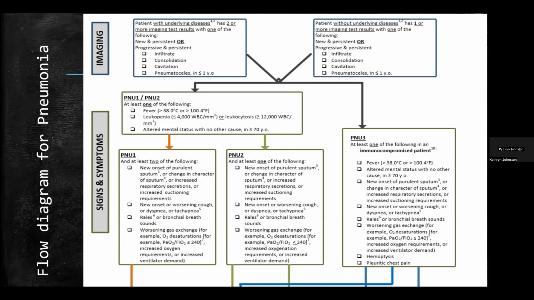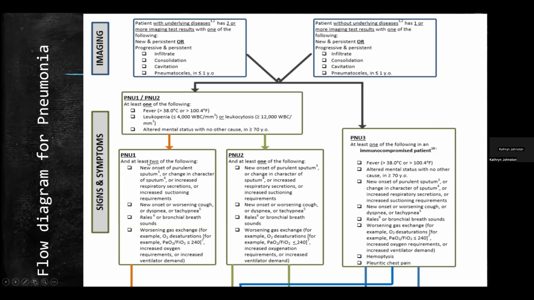So it's a combination of imaging studies, signs and symptoms, and I'm going to show you on the next slide the laboratory findings. And by using this algorithm, it's possible for you to actually assign the pneumonia as pneumonia 1, pneumonia 2, or pneumonia 3, as you can see here, because there are different tracks, and it lists specifically what the patient has to have.